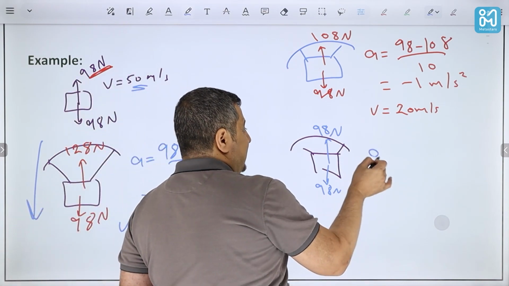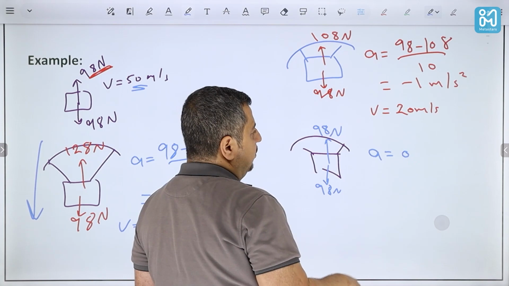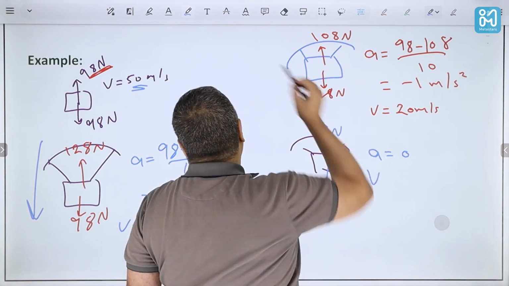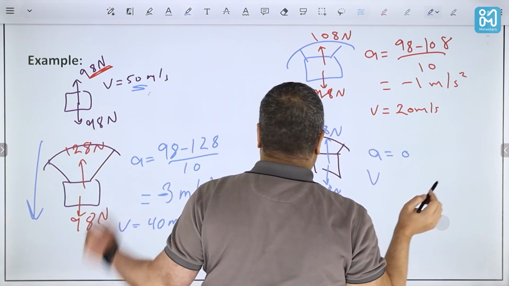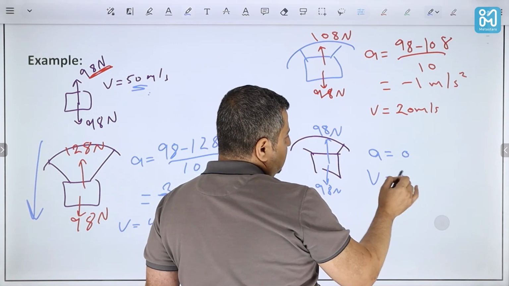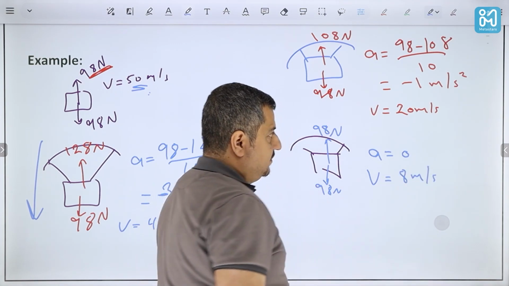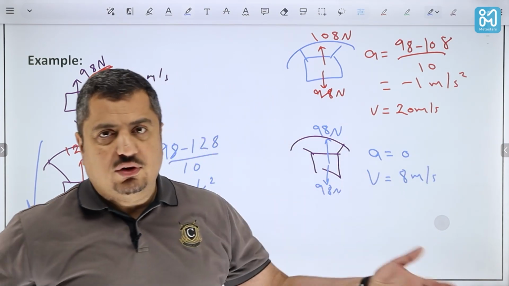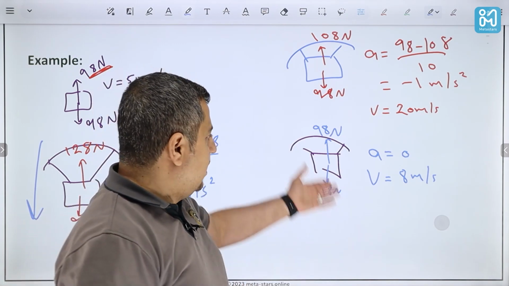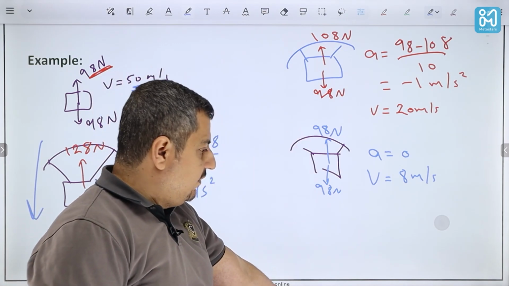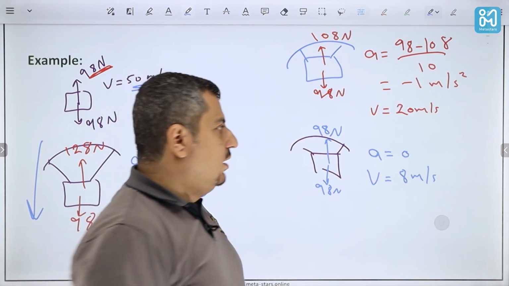In this case, the acceleration again is 0 at a lower speed than before. We started with 50, if you remember, and now let's say it is 8 meters per second. This speed the skydiver can maintain, and so after reaching the ground, he can survive.